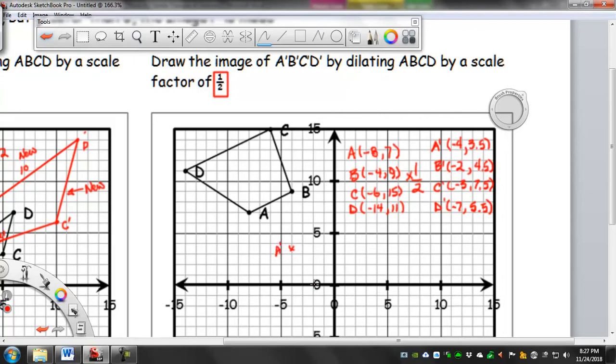B is -2 and 4.5, so that would be B prime. C would be -3 and 7.5, so there's 7 right there, 5 plus 2 is 7, there would be the half, so that's C prime. And D prime would be -7, and then 5.5 would give me right there, so that is D prime.